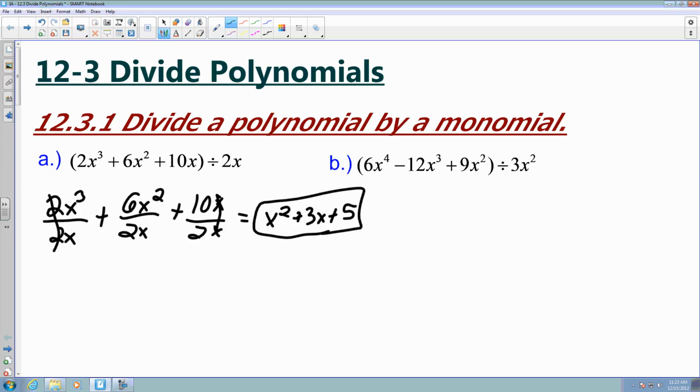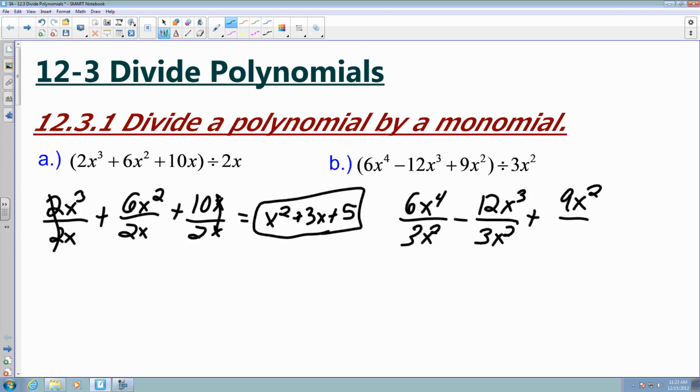If you did the same thing for B, you go 6x to the fourth divided by 3x squared minus 12x cubed divided by 3x squared plus 9x squared divided by 3x squared.